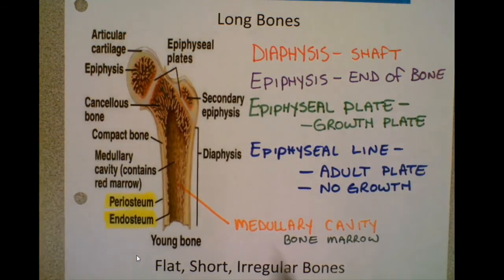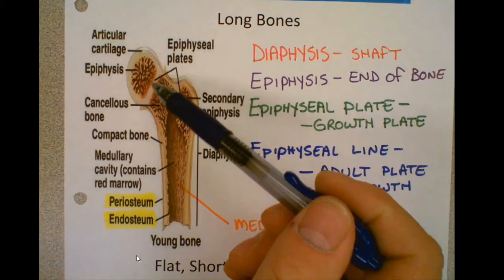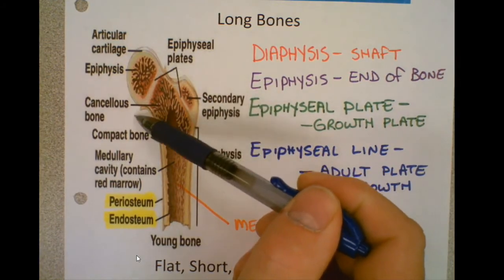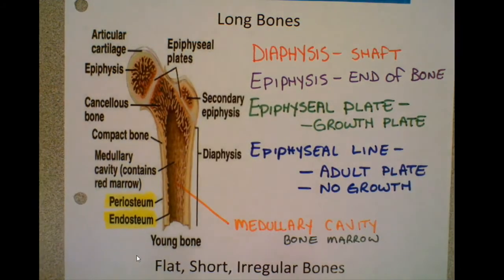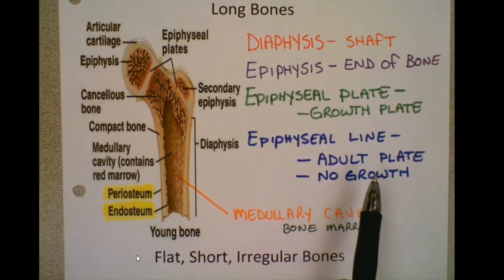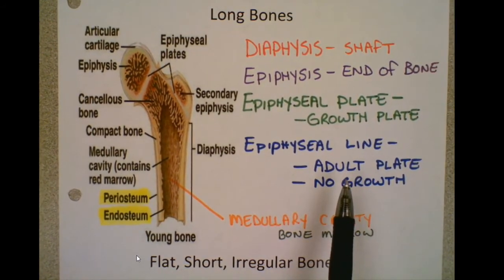So in an adult like me, who's old, you can see the epiphyseal line, but there's no more growth there. And so the plate turns into this line. So I just wrote that it's the adult plate with no growth.